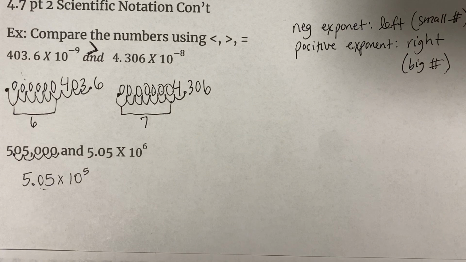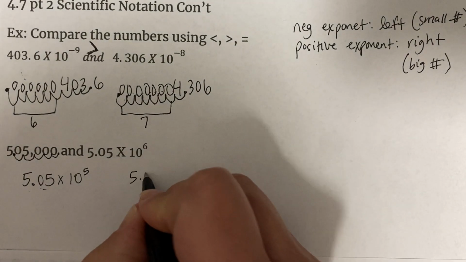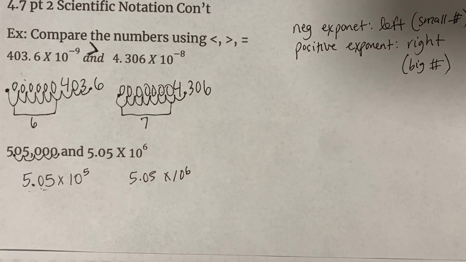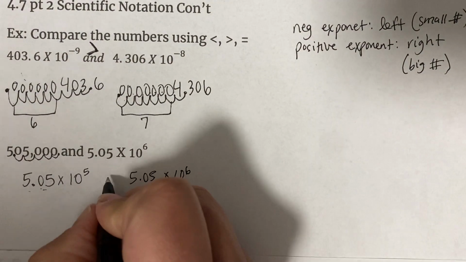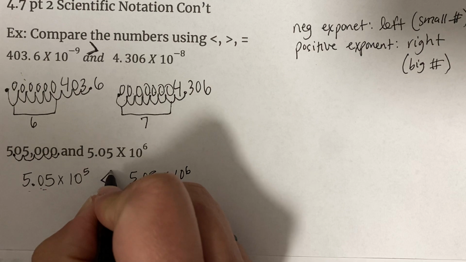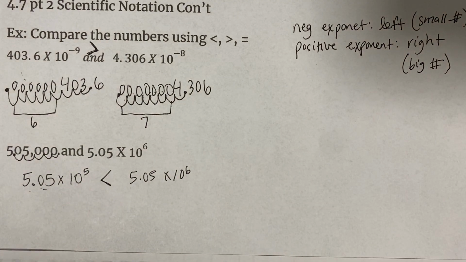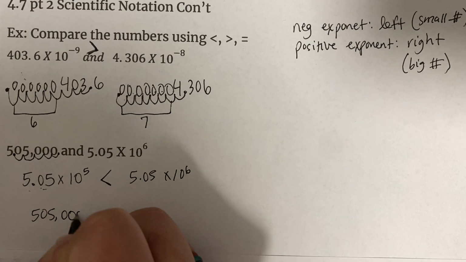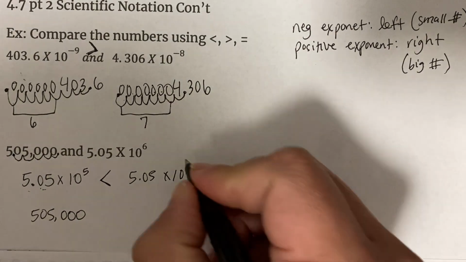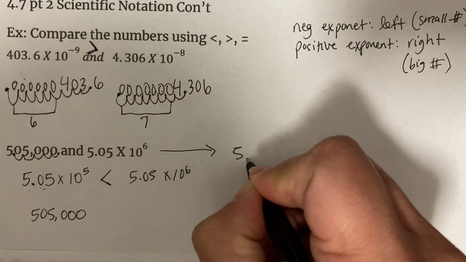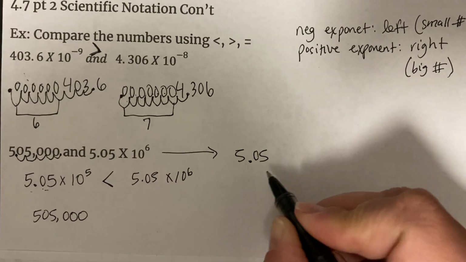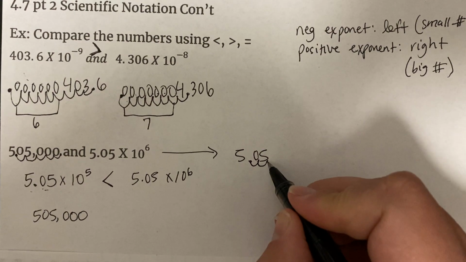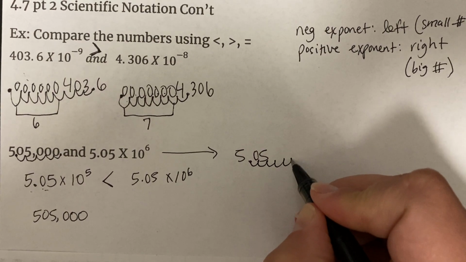Which one do you think is bigger? Well, this one right here, 10 to the 6th, that one has more zeros on it. So I think that one's going to be bigger. Okay, you could also, if it makes more sense for you to be in number form, move this one to number form. 6 zeros. 2, I got to make that a bigger number. 3, 4, 5, 6.